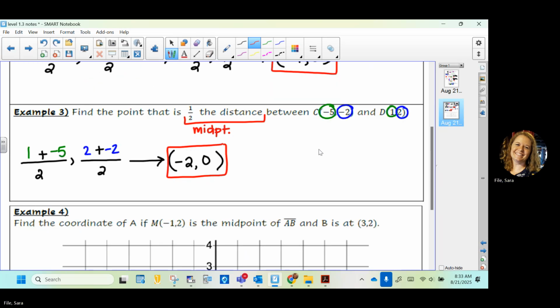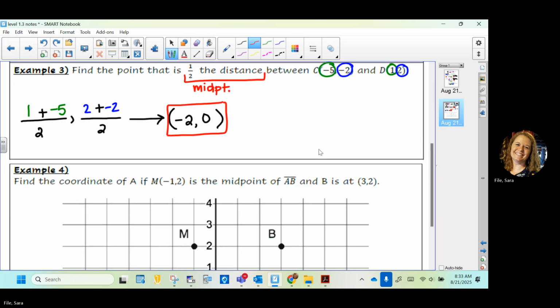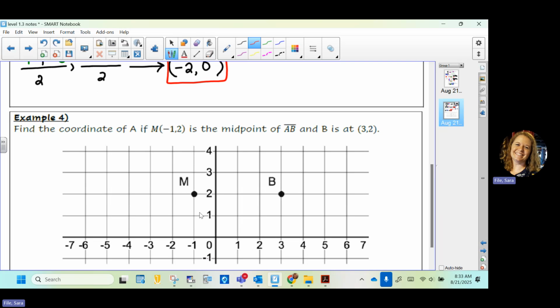Okay. This one says find the coordinate of A if M, which is at -1, 2, and it's already plotted at -1, 2, is the midpoint. So M is the middle. We're given the midpoint this time, and we're given one of the endpoints.